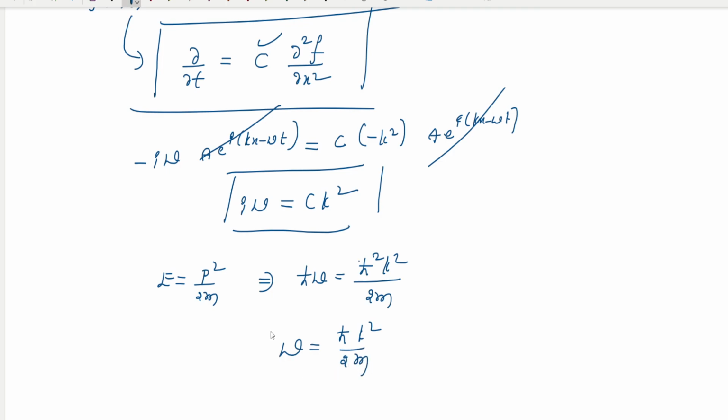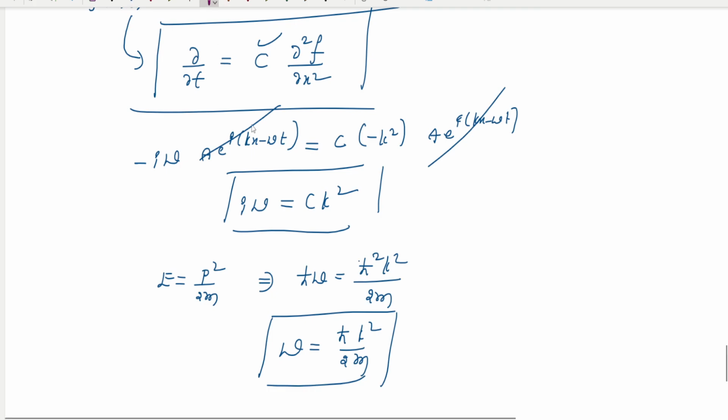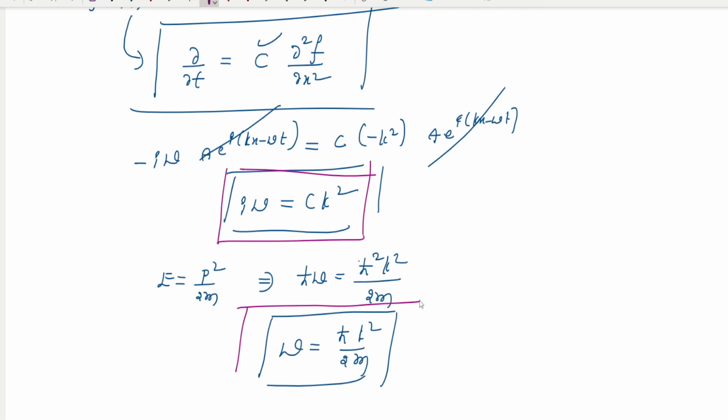So by using these two equations, I'm going to try to solve for this C value.